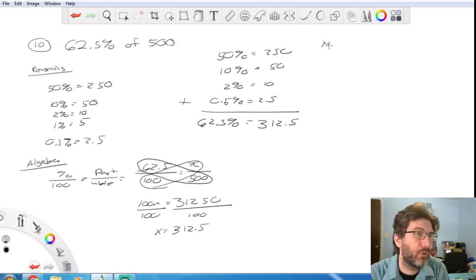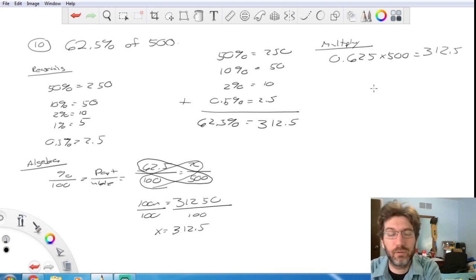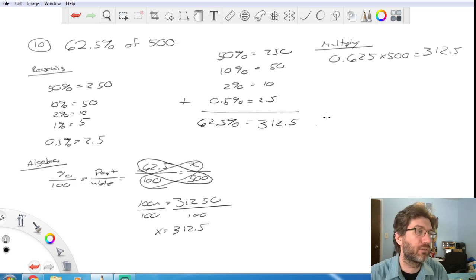You could also do this by multiplying. You turn this into a decimal and multiply, so that is 0.625 times 500. And that should equal your 312.5 as well. So any way you want to do it, those are all options for number 10.